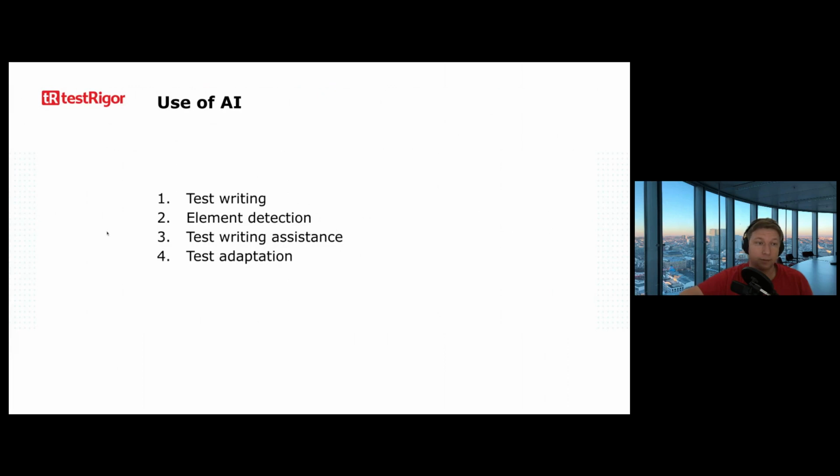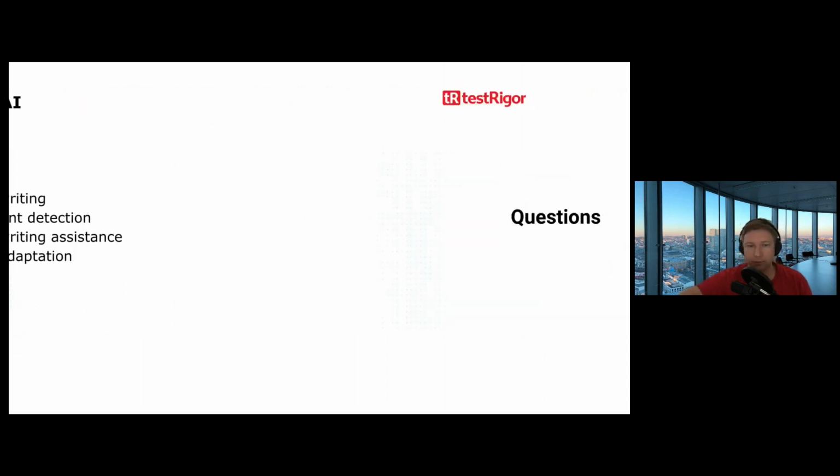And also, let's talk a little bit about the use of AI. It's all possible by employing AI to help people write tests, help with element detection using AI and stuff like that, and help to create the tests and help to adapt to new functionality. And I'll talk about it in a second.